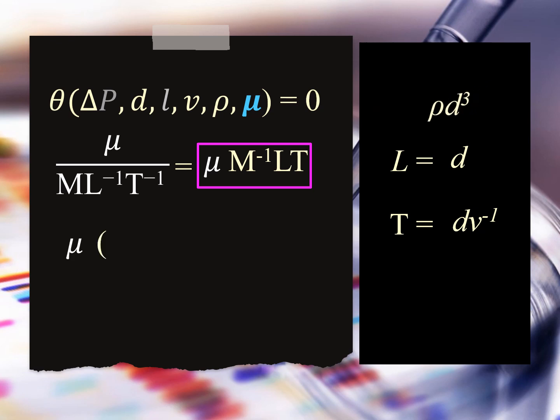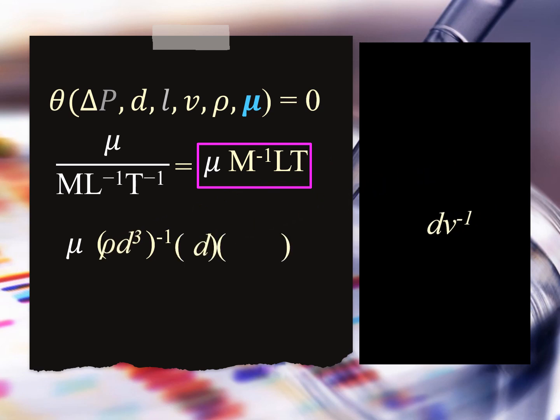Thus, we will be getting an expression of mu times density D raised to 3, and you have a quantity raised to negative 1. Then we multiply it by the D, and then by the quantity DV raised to negative 1, which can be simplified. Thus, the rho times D cubed, and this quantity is negative 1, can be written as the density raised to negative 1 times D raised to negative 3.